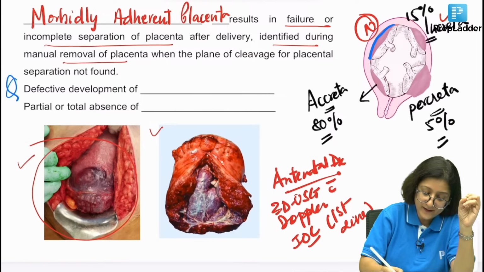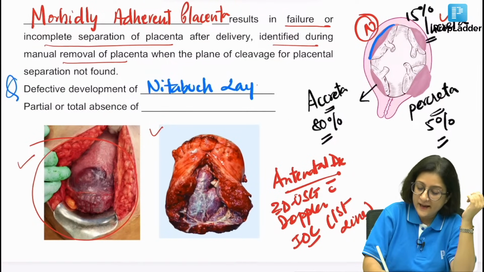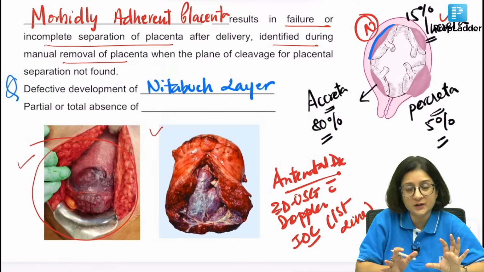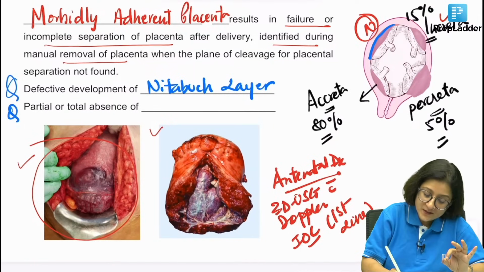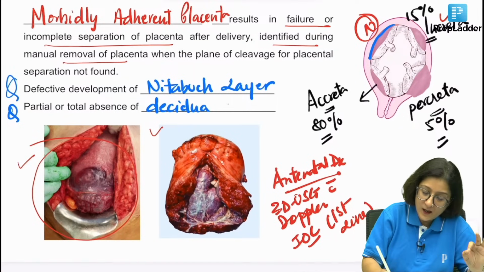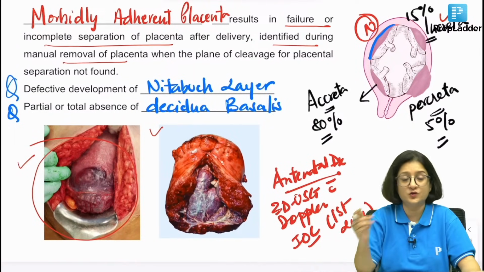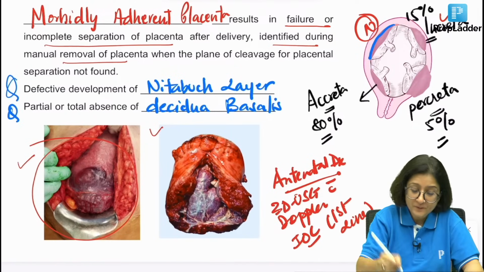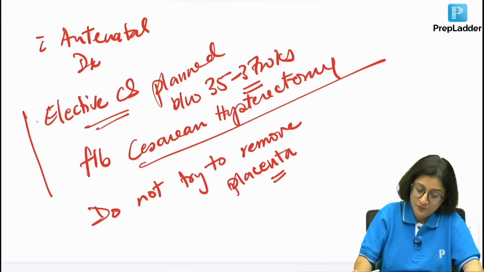So there is defective development of Nitabuch's layer, which prevents deeper penetration of the placenta, and there is partial or total absence of the decidua basalis. All right, so these are the key important pointers with this set of images.